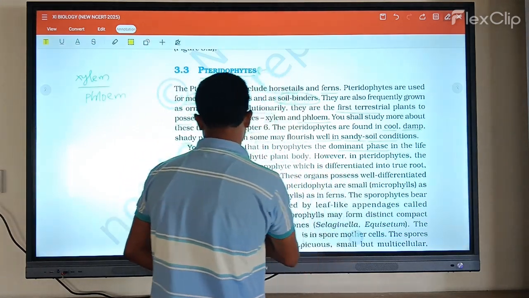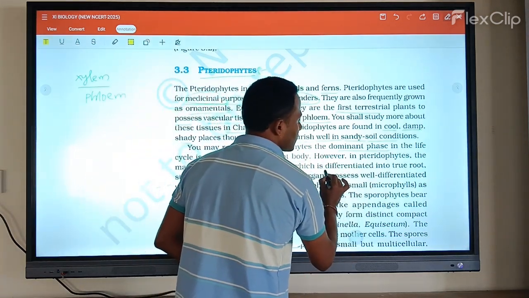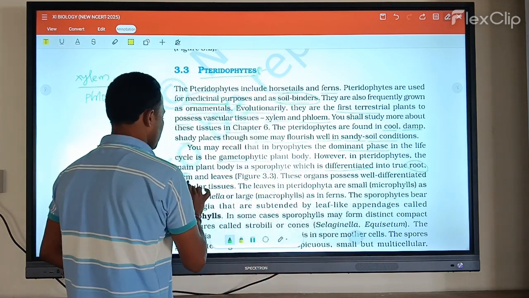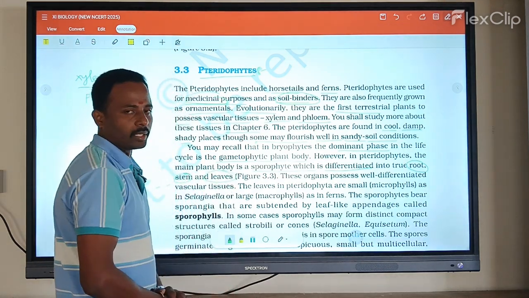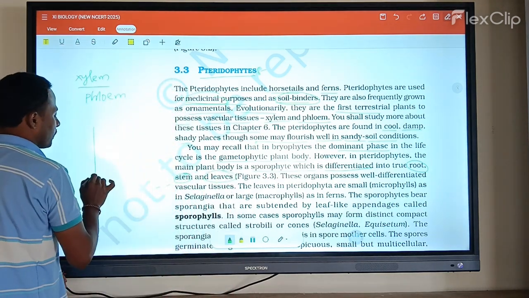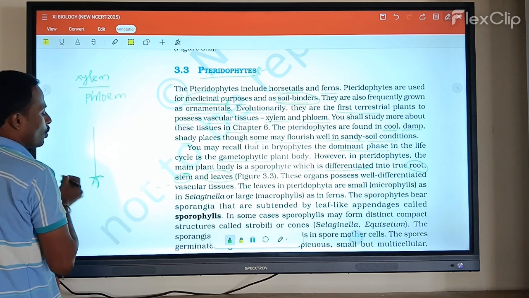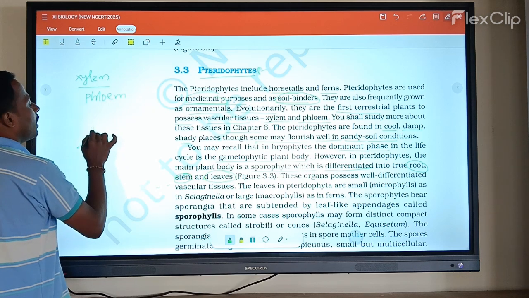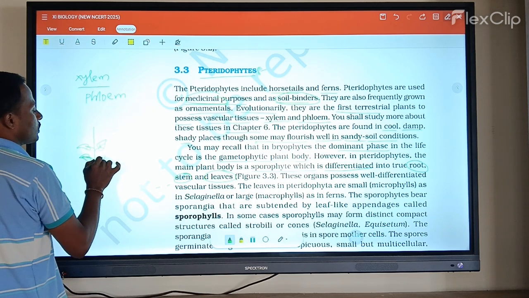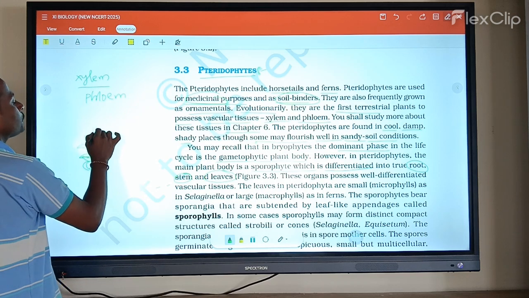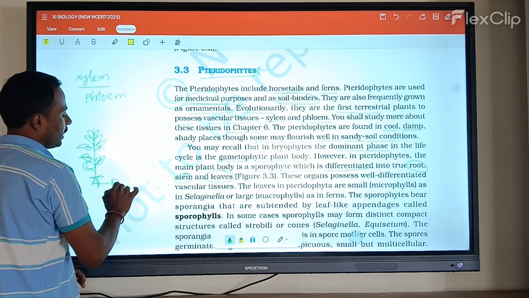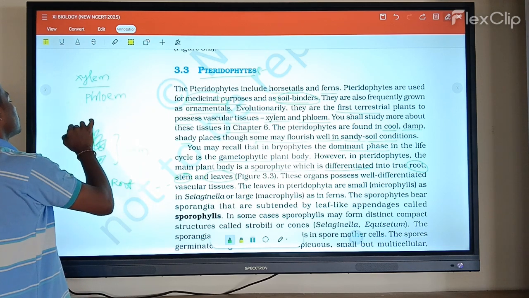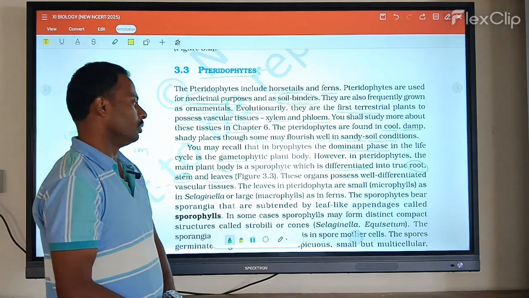However, in pteridophytes the main plant body is the sporophyte, which is differentiated into true roots, a stem, and leaves. We notice true roots, true stem and true leaves in the members of the pteridophytes.